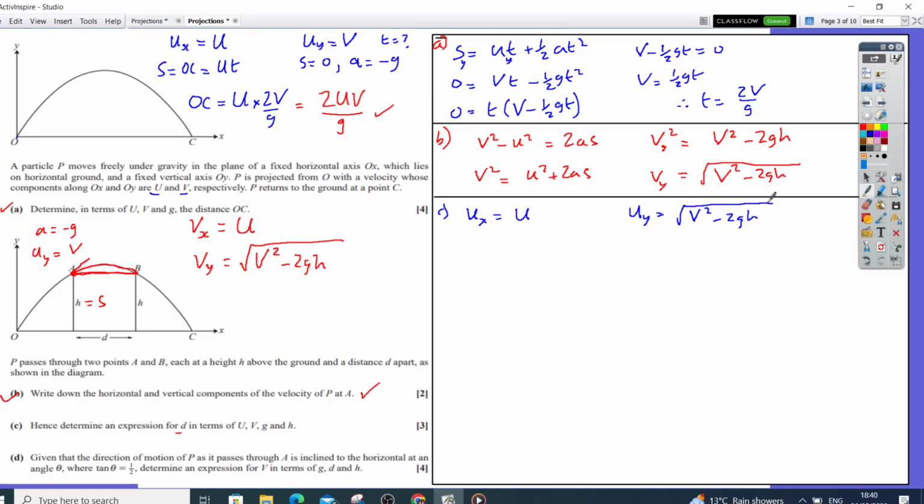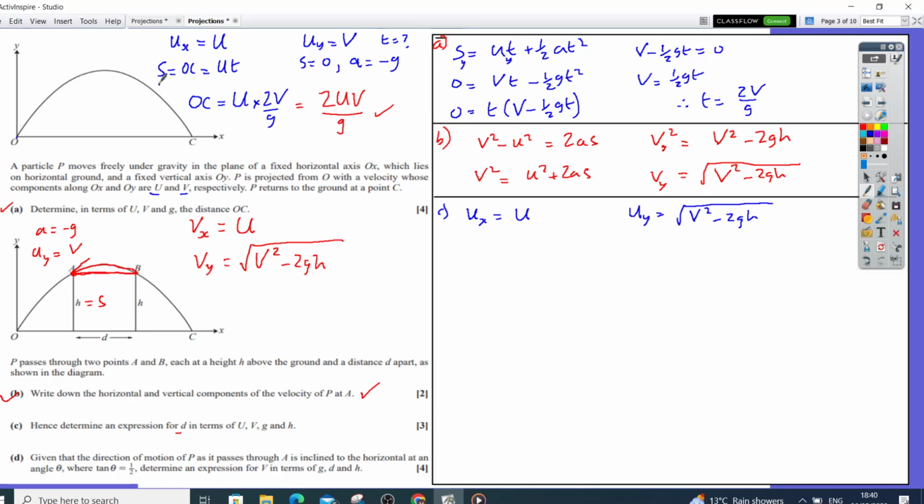Okay, so we got those components. In this one, we know that the distance from when it goes up and comes back down to that level is going to be d.